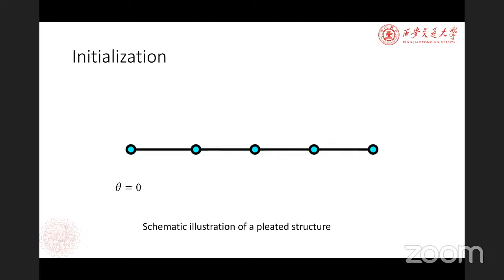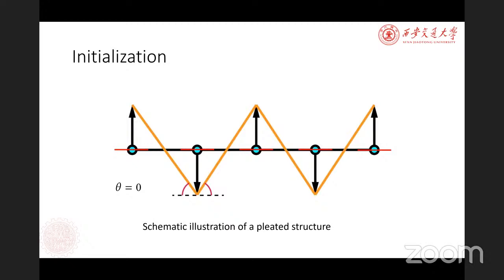They are sampled at approximately equal distance. And here the red line is the osculating plane of those pseudogeodesics. Then we can offset the pseudogeodesic around the normal direction of their osculating plane alternately up and down, and we get an initial surface of the pleated structure, shown here in orange color.